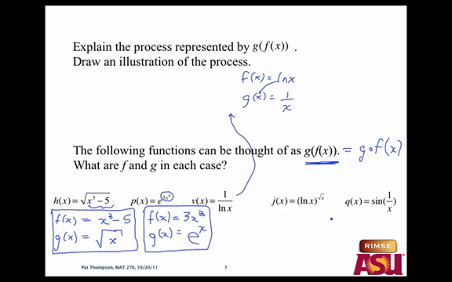Here's another one. So our interior function is 1 over x. It becomes the input into the exterior function, which is sine x. So 1 over x, its output then as the input of g, gives us the function sine of 1 over x.